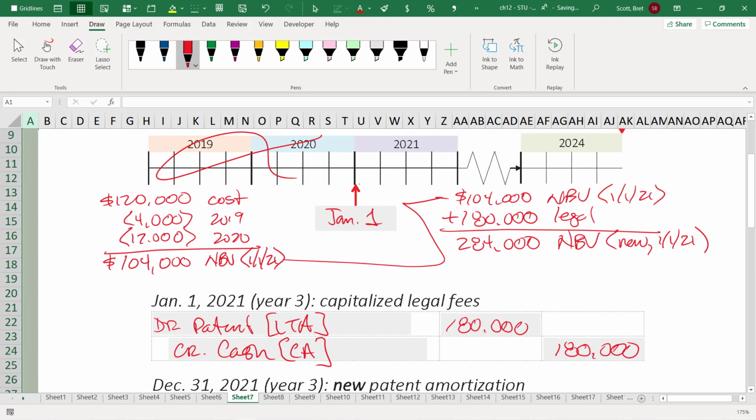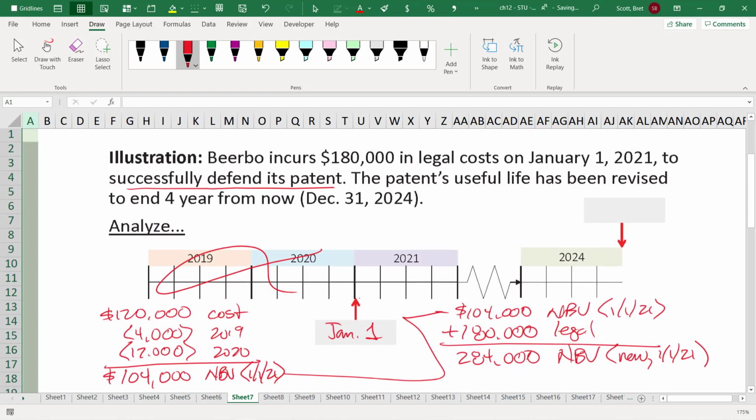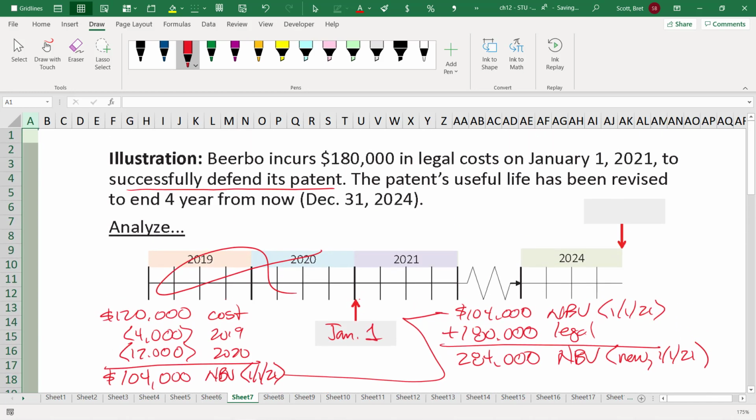So, do we continue to amortize over the remaining useful life? Well, we anticipated it was going to go, say, the full 10 years, starting from September 2019, plus 10 years. Now, up above, we have to ask ourselves, what is the new revised life? We've just been sued. Maybe it's going to be harder to defend this, so let's perhaps shrink down the useful life.